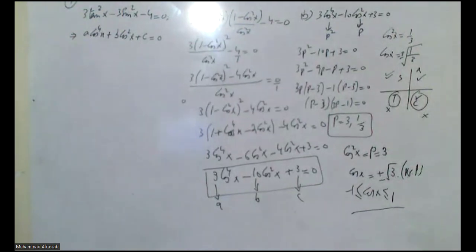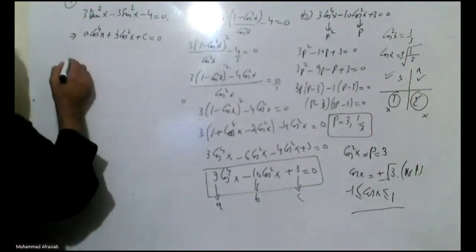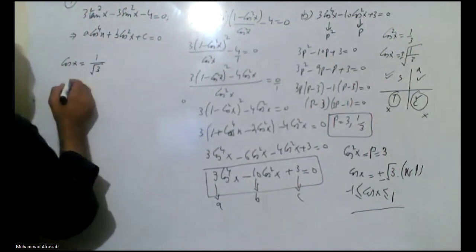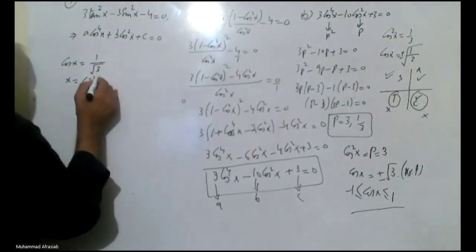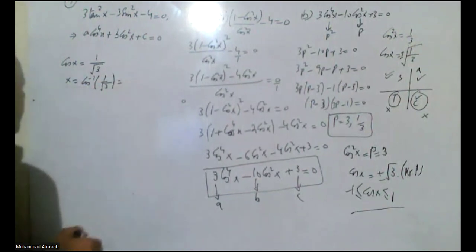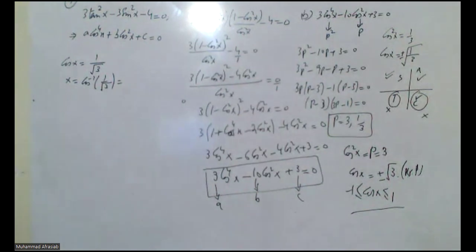Now, if cos of x is equal to plus 1 over square root 3, then x is equal to cos inverse of 1 over square root 3.